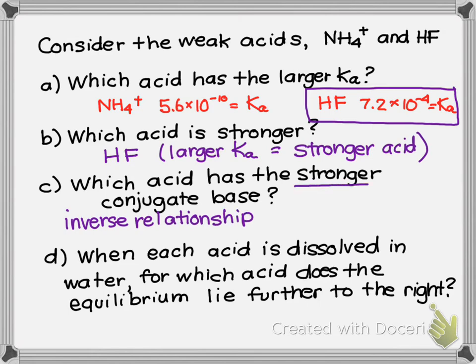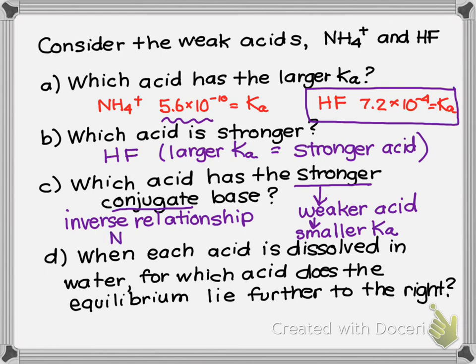So a stronger conjugate base, inverse means the opposite, comes from the weaker acid. Now if you're reasoning with me, then the weaker acid has the smaller Ka. So if we look back up, the smaller Ka is NH4, so the answer here is NH4+. And I will circle that. This is the answer here.